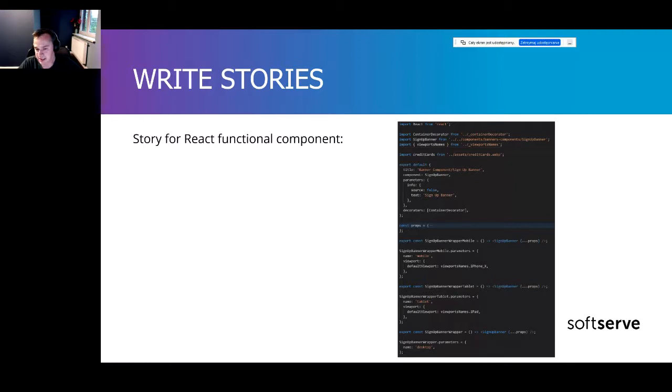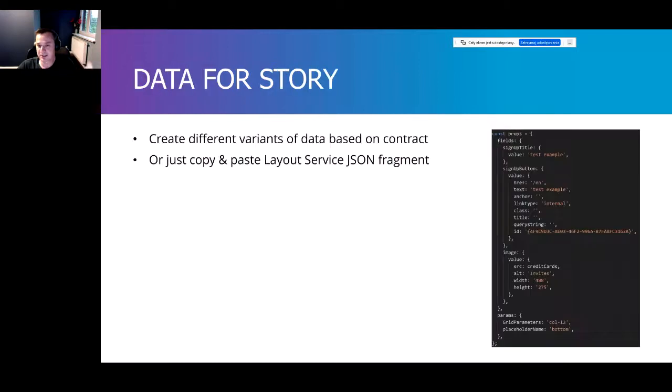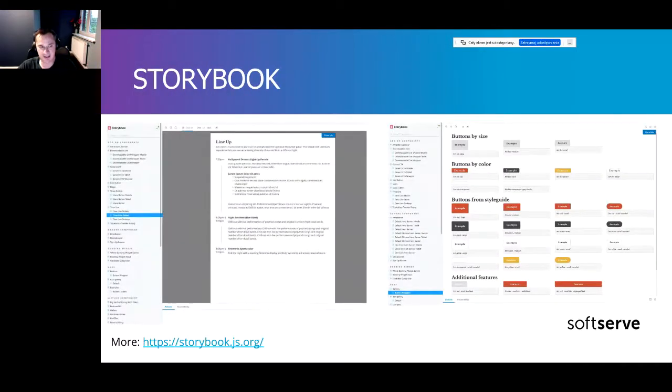One renders this sign-up banner for mobile, one for tablet, and one for desktop. And here, in these props, which are collapsed, these are the props from the previous slide. So these are the data. And when we run Storybook, it will automatically generate the story, as it was on the previous slide.